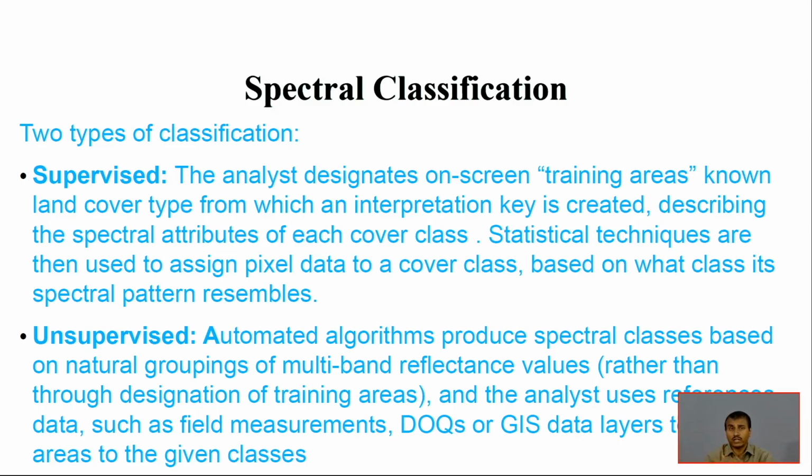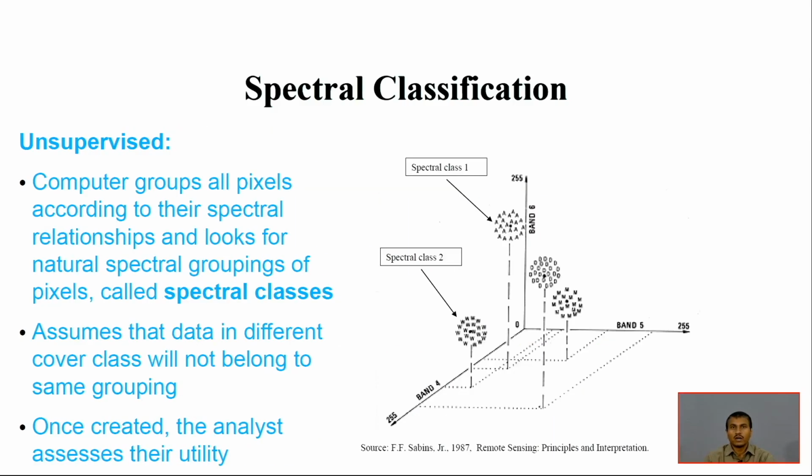Unsupervised is without any help from a so-called trainer. Automatically, based on the radiance values, it differentiates different classes. This is an example based on the different values of the spectral classes. It has automatically classified, and these represent 2-3 different classes.